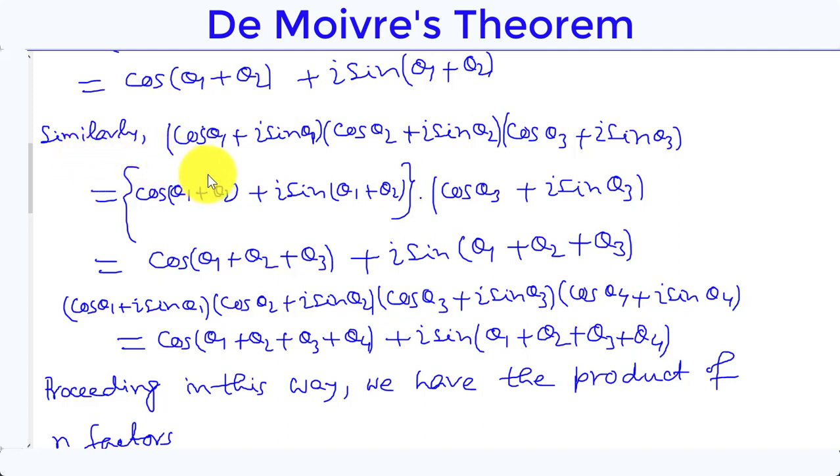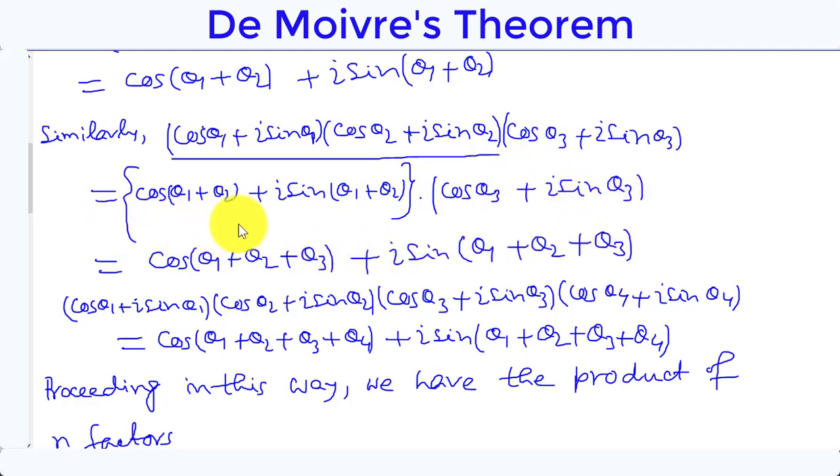Similarly, if we multiply three terms, then (cos theta 1 plus i sin theta 1) into (cos theta 2 plus i sin theta 2) into (cos theta 3 plus i sin theta 3) is equal to, from the first two terms, (cos (theta 1 plus theta 2) plus i sin (theta 1 plus theta 2)) into (cos theta 3 plus i sin theta 3).